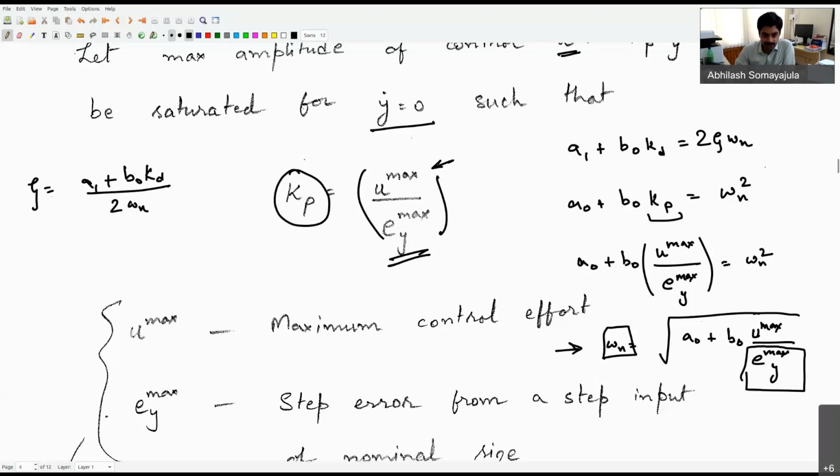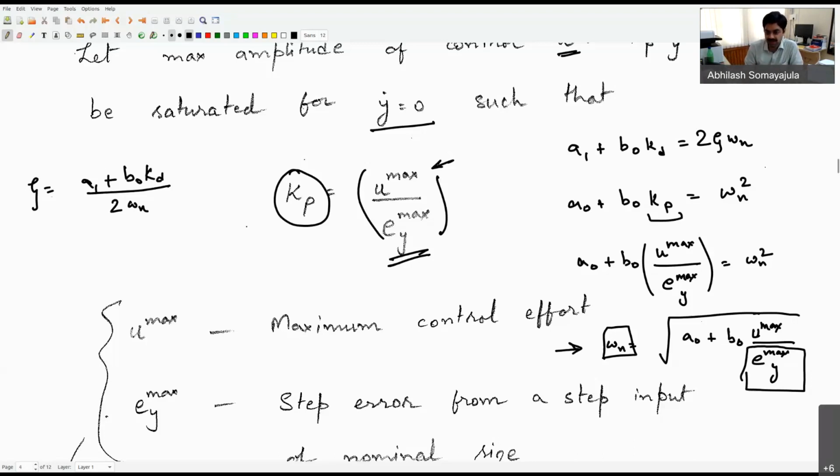But in reality, the problem is the other way around. I know what zeta and omega n are because I know where the poles should be located in the S-plane, and I rather want to find the expressions for Kp and Kd. So we now simply invert these relations to get the value of Kp and Kd.